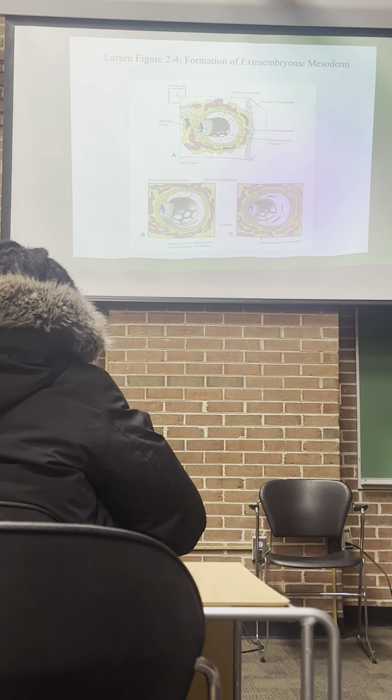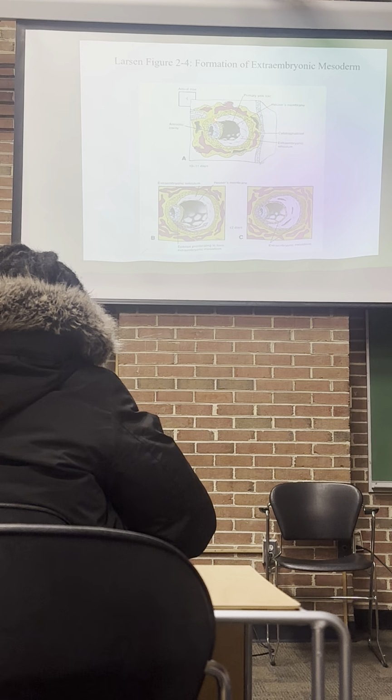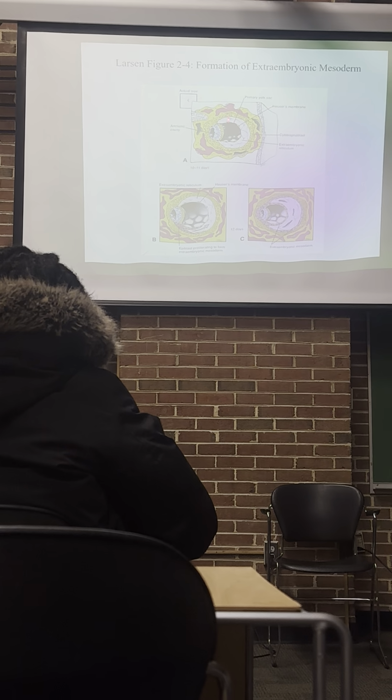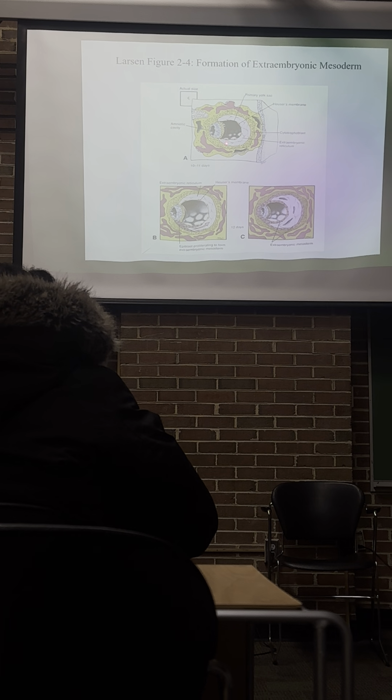What's going on here is that we've had really rapid cell division to make the primary yolk sac, or Heuser's membrane. But you have appearing here a structure called the extra-embryonic reticulum. This is an acellular matrix that resides between Heuser's membrane and the cytotrophoblast.